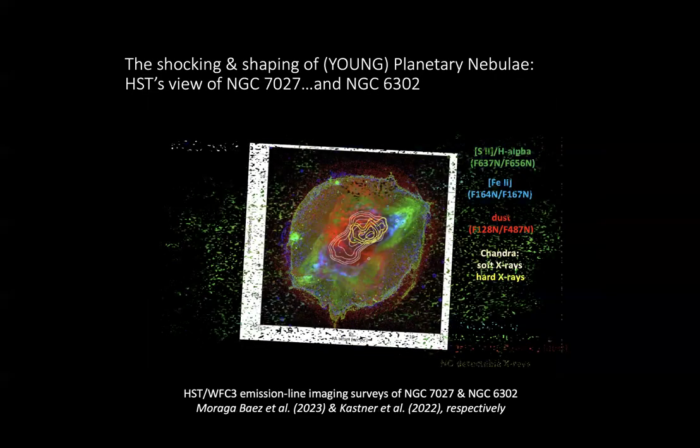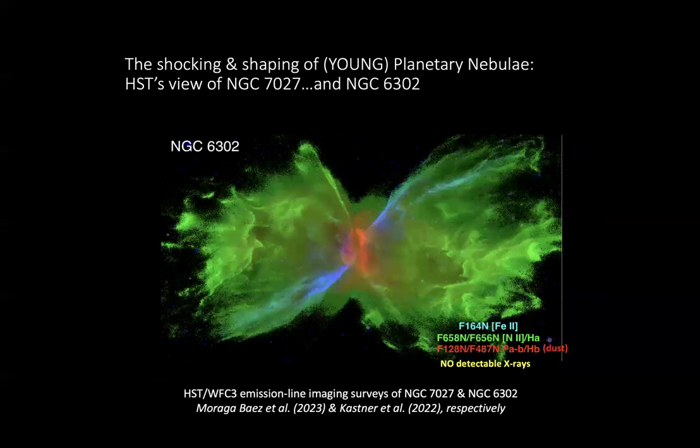And as I mentioned, we did this for another planetary nebula, the Butterfly Planetary Nebula. We got a real surprise when we used Wide Field Camera 3 to image it, in the form of this S shape that you see in blue here. That's an emission line of iron that only shows up when you have an outflow of about 100 kilometers per second. This is surprising to us because of the directionality of that outflow.